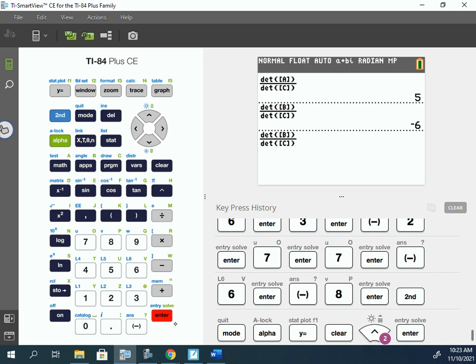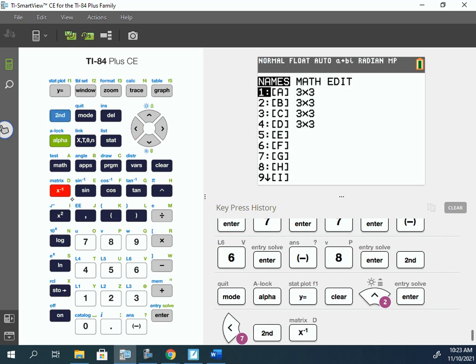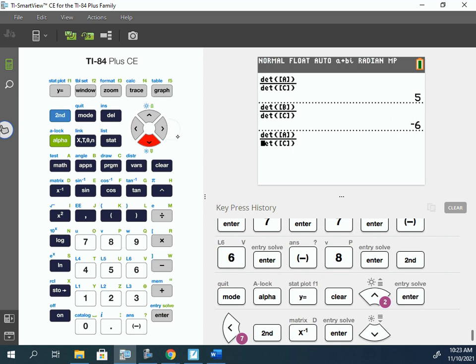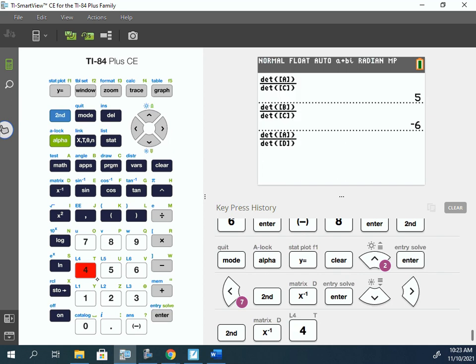No. So I can highlight B and go second matrix A, second matrix D, because our new denominator is D. I just chose the last one. And we can go enter. So for this 3-variable system, the value of x is 5.